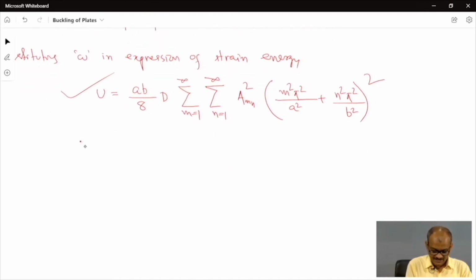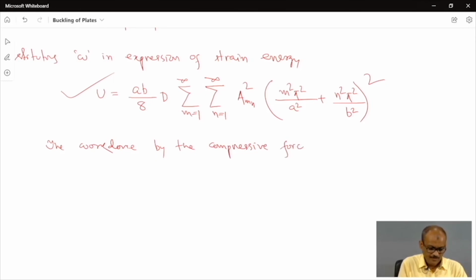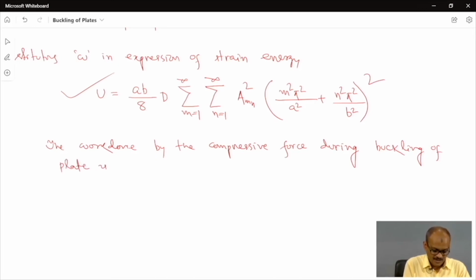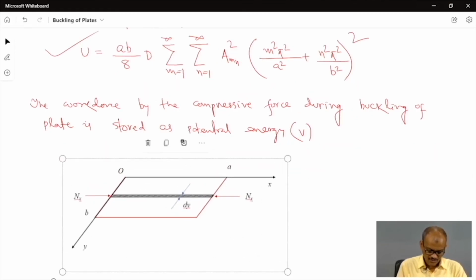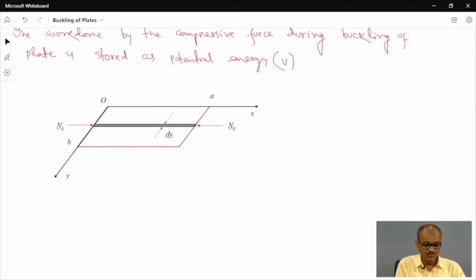So you write the work done by the compressive force during buckling of the plate is stored as potential energy V.